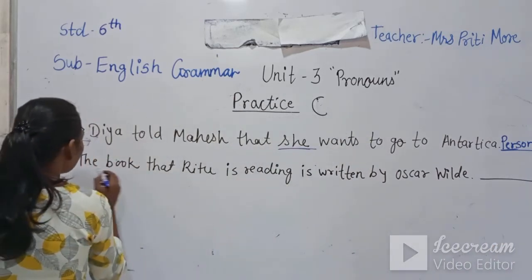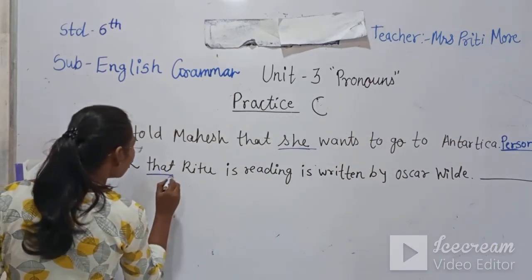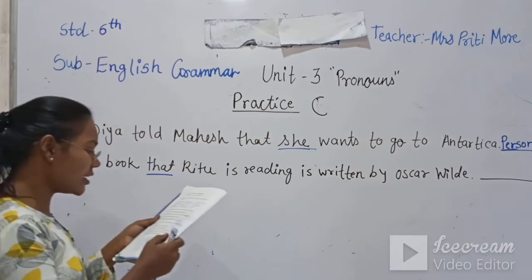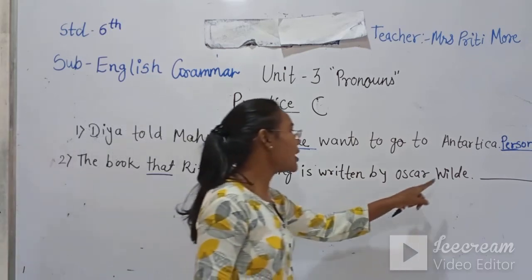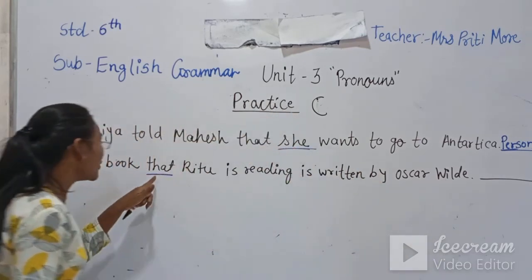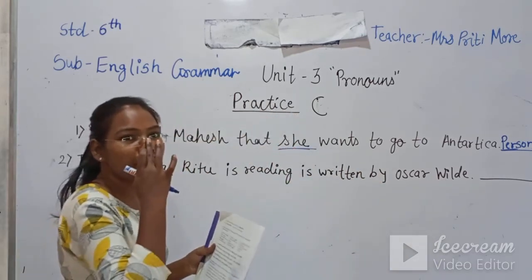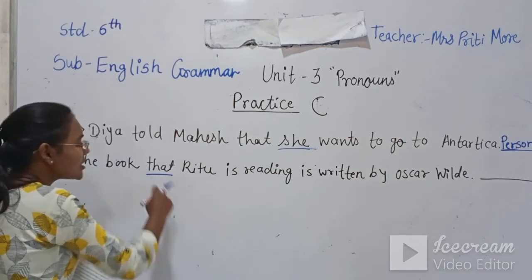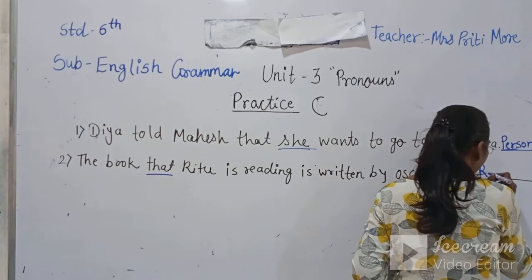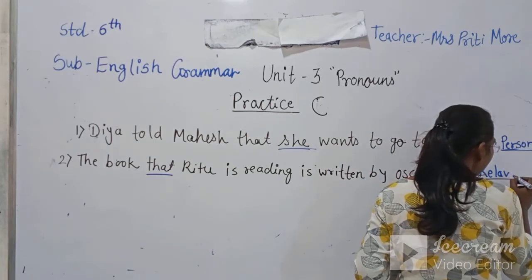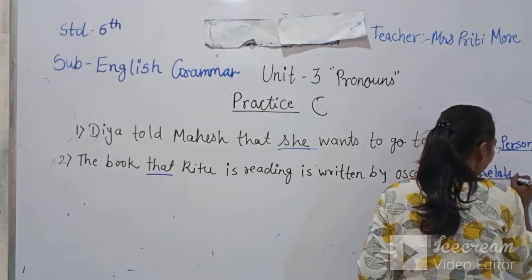Now here the word that is underlined. So the book that Ritu is reading is written by Oscar Wilde. That word is telling us the information about this book. So that is the relative pronoun. So here we have to write which kind of pronoun it is. It is a relative pronoun.